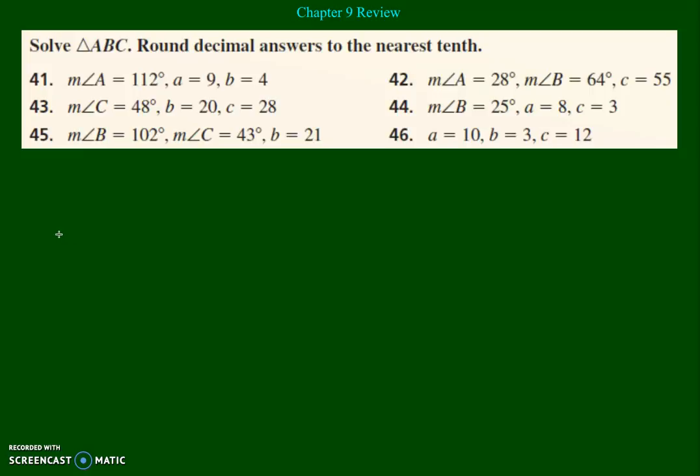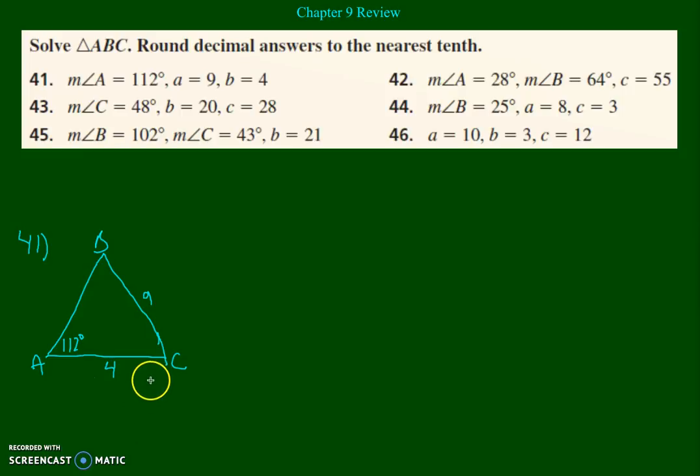So for problem 41, let's go ahead and draw the picture. Just like always, I'm going to draw a triangle in here and label it A, B, C as usual. A is 112 degrees, little a is 9, and B is 4.